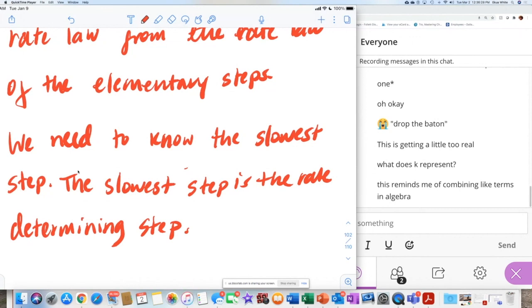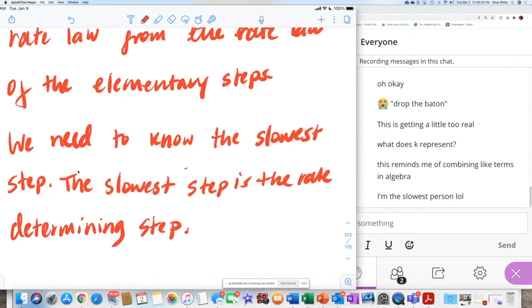It doesn't matter how fast the fastest step is, the overall rate of the reaction is determined by the slowest person. I don't know about y'all, but this hits me deep in my heart. The slowest person slows everybody down. That's what they're saying here. The slowest step, slash person, is the rate determining step.